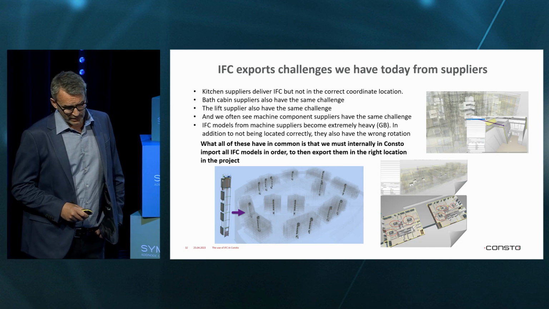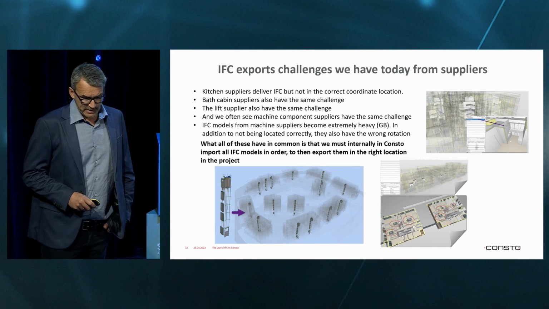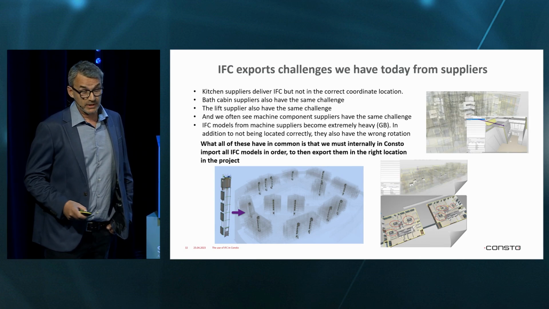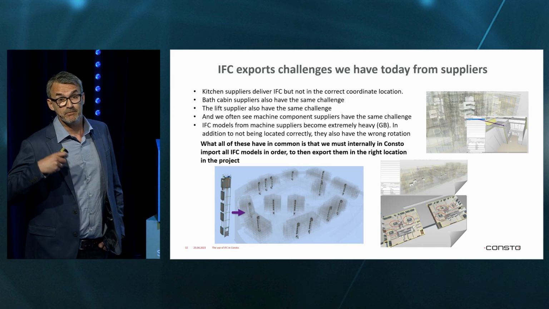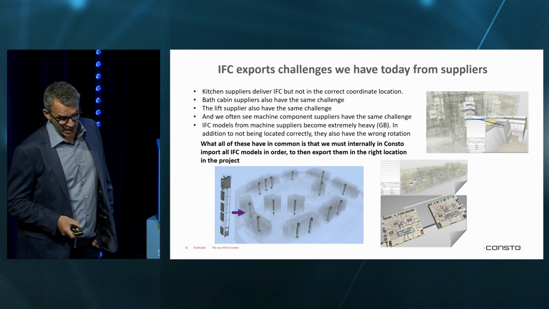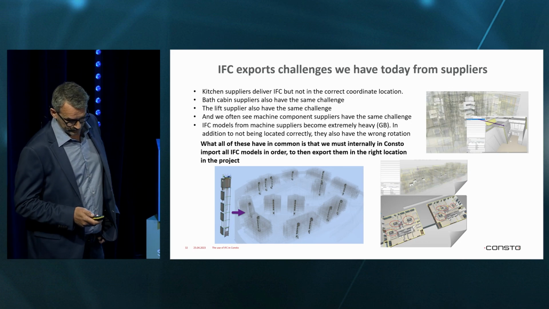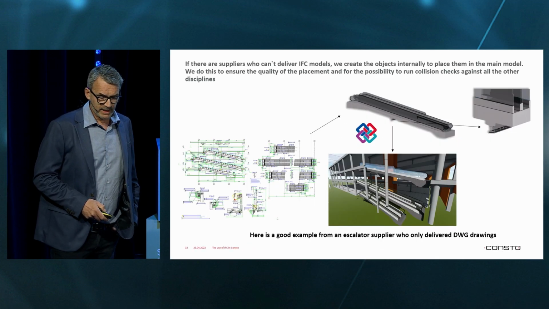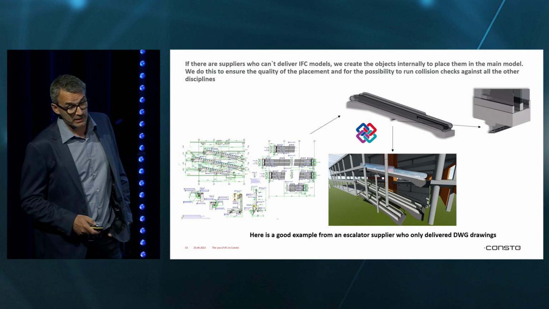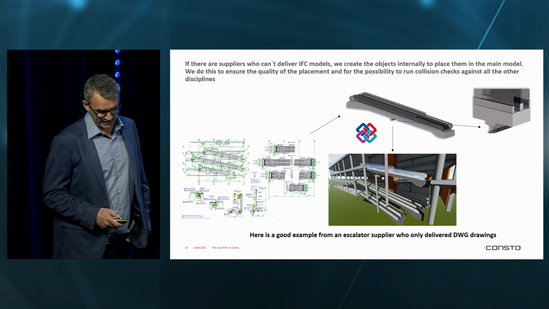But what do all these have in common? We must internally import all these IFC models and then export them back again to the right location in the project, so it fits with the main model. Yes. But we have some suppliers who can't deliver IFC models today, even in 2023.